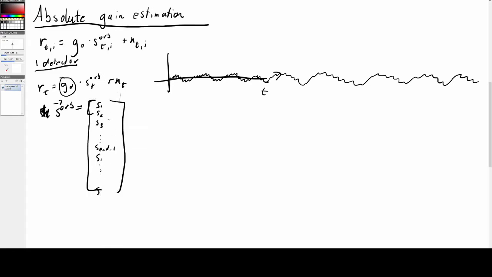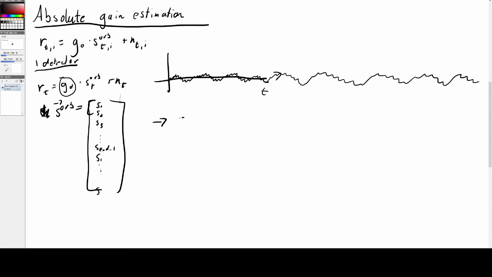And we do that for all the PIDs, so this becomes a very, very long vector. And we know from earlier, there's no difference between this equation and what we had when we just looked at a single PID for a single detector.